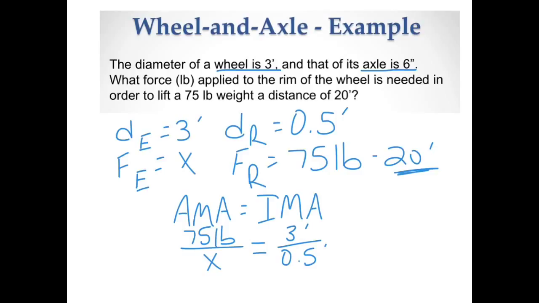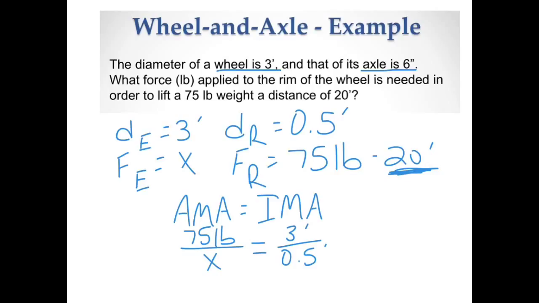So my ratio isn't going to change. It really doesn't matter if I'm looking at 20 feet because we're still looking at that same ratio of this 6 IMA. So all I have to do is just plug it into AMA equals IMA, and really this is just some extra information that I don't have to use.